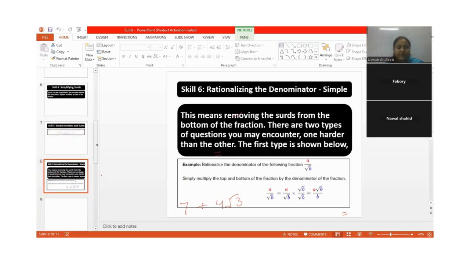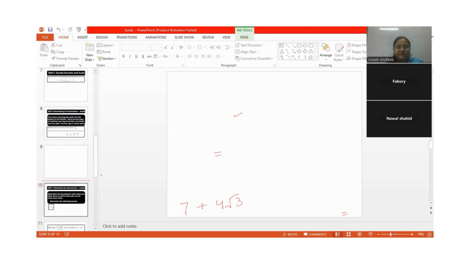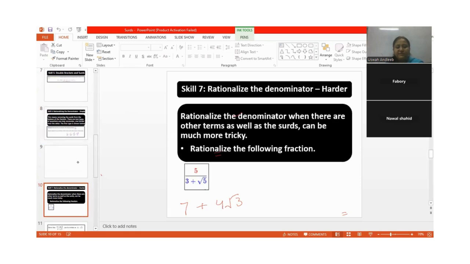All right. Now in the rationalization thing, I'm going to utilize these two concepts together. Let's go towards skill 7, and in skill 7, I will make you understand skill 6 as well. Rationalizing is the main thing: skill 6 and skill 7 are mainly going to be utilized in solving questions. This is important.